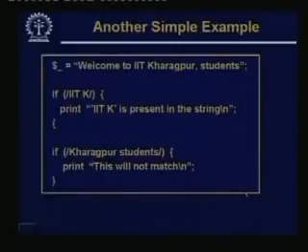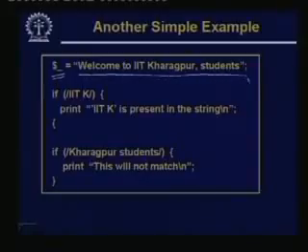Let us look at another example. The string $_ contains welcome to IIT Kharagpur students. Here in the first case we are checking, within slashes, IIT K with a blank. See, this is a default check.